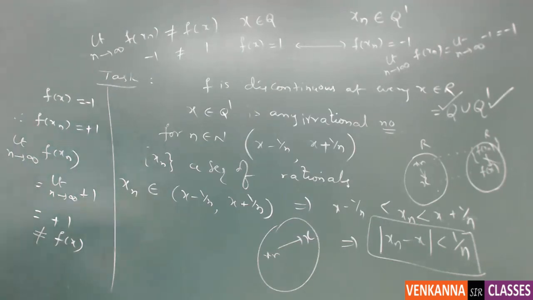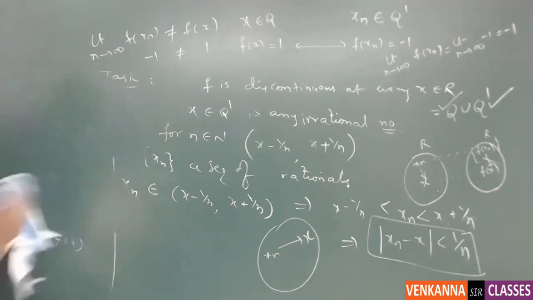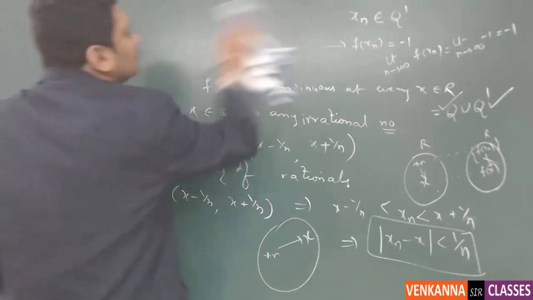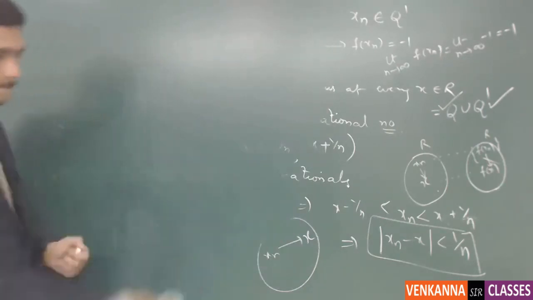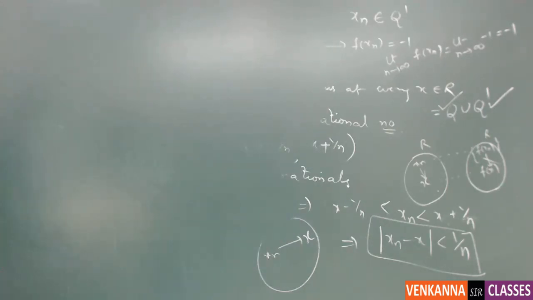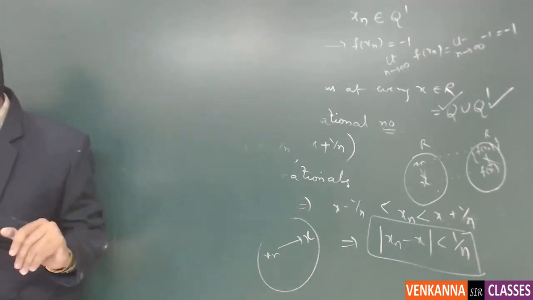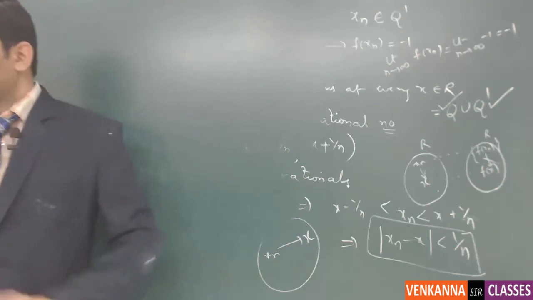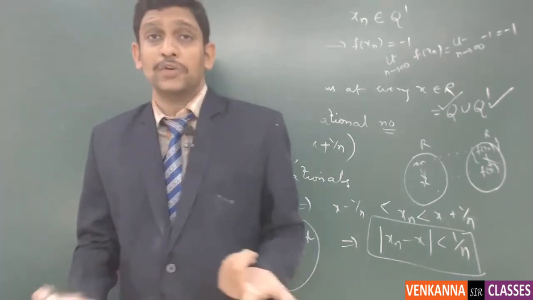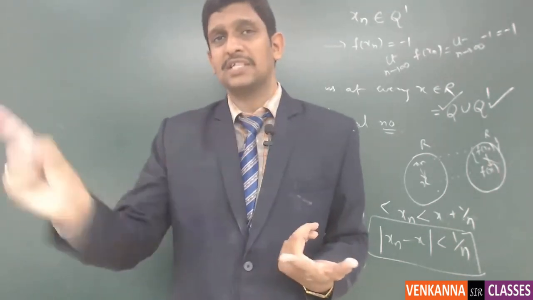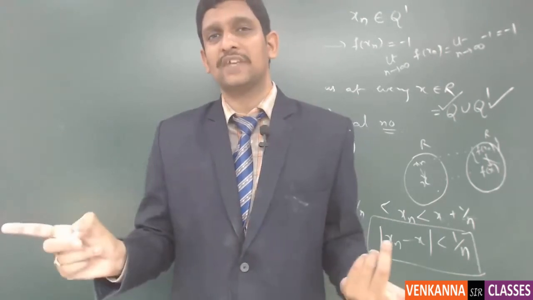If you are confused about what |xn minus x| less than 1 by n means, you can think of it the other way around. For this step also you are going to prove that. If you want to prove that it is a continuous function, you take a rational sequence and an irrational sequence.